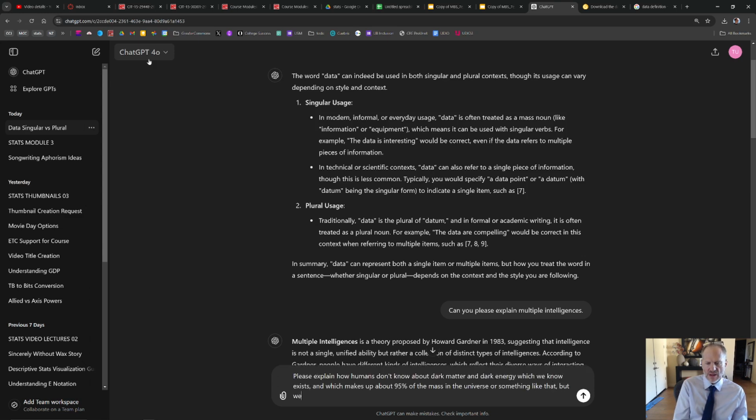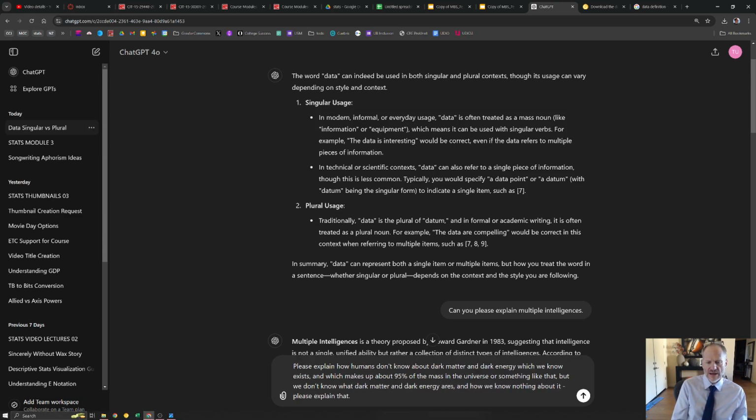But we don't know what dark matter is, and we know nothing about it. Please explain what dark matter and dark energy are, and how we know nothing about them.